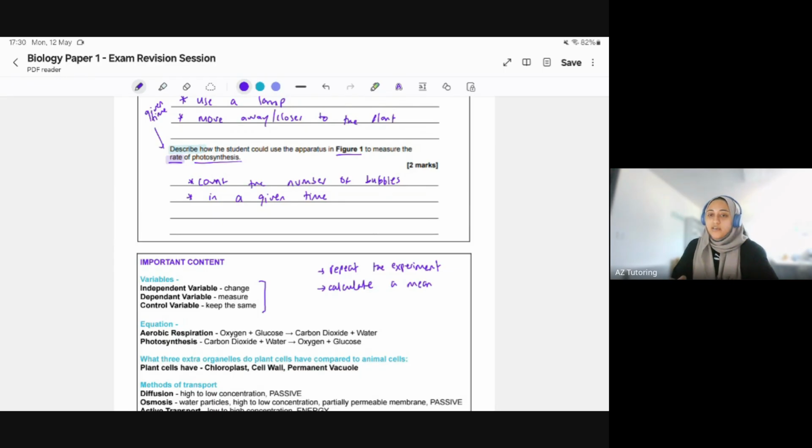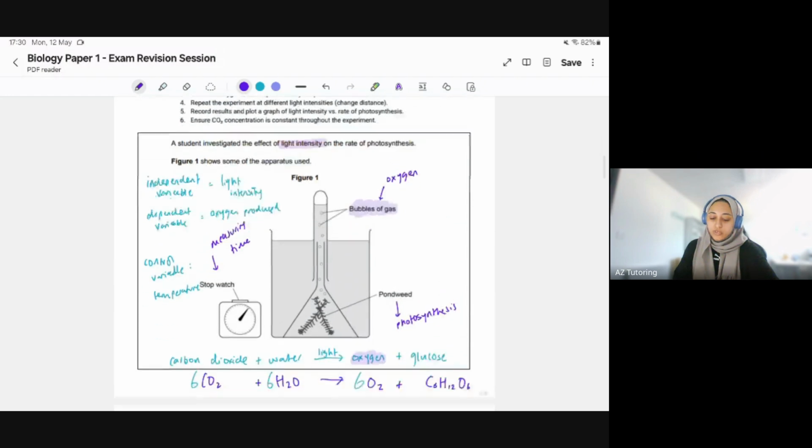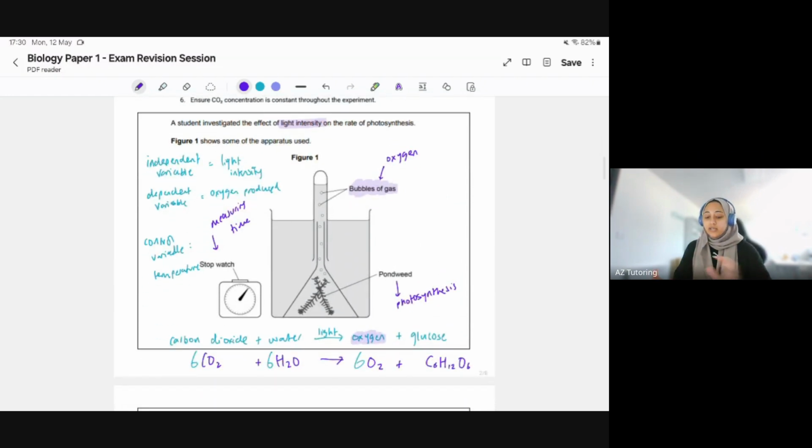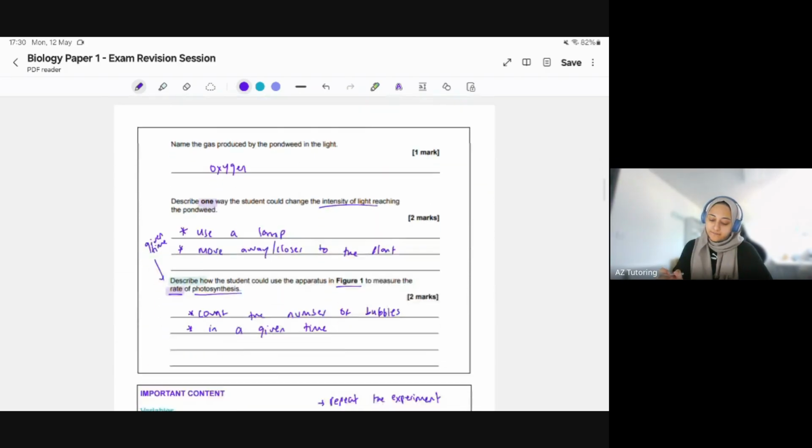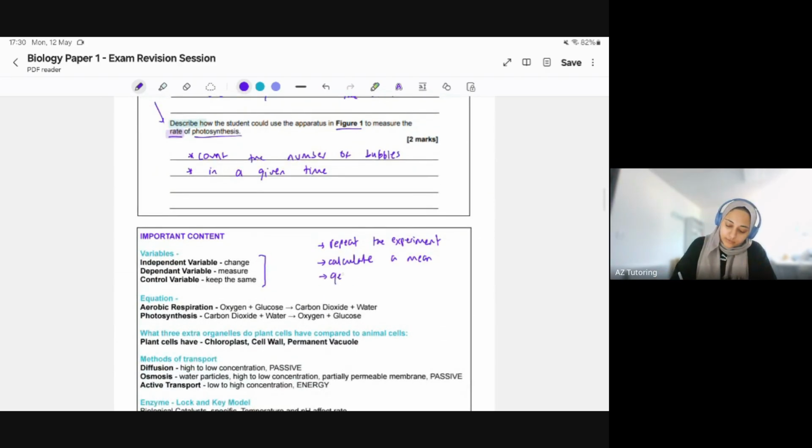What I mean by if relevant is you wouldn't repeat the experiment and calculate a mean for a microscope, because what you're seeing is what you're going to see. But with something like this, you would keep repeating the experiment and then calculate a mean, just to make sure there were no other influencing factors and no anomalies. You could even say get rid of anomalies. These are all really important points to add when you've got a 6-marker method question.